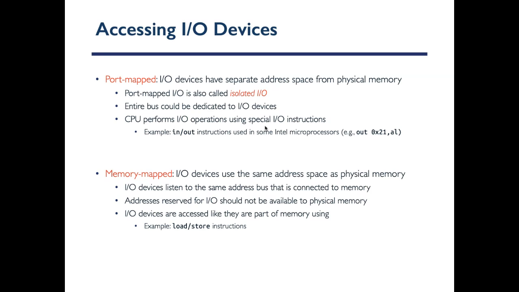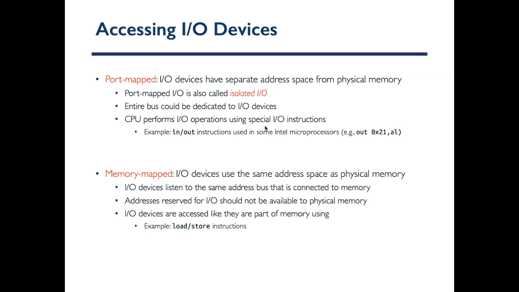Whenever the operating system, the processor, wants to read or write from those, it would use a separate set of instructions like the ones that we talked about in Intel. They're the in and out instructions. Compare them with load and store.